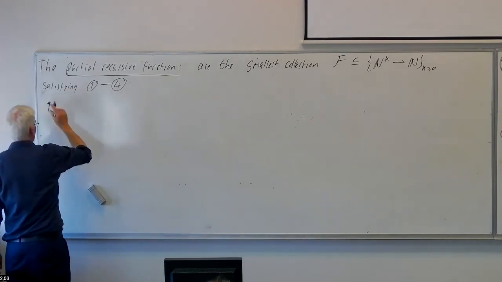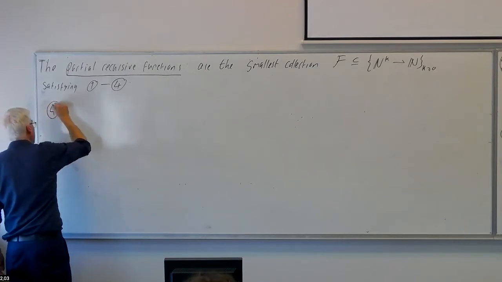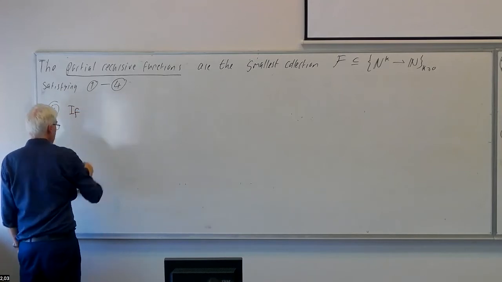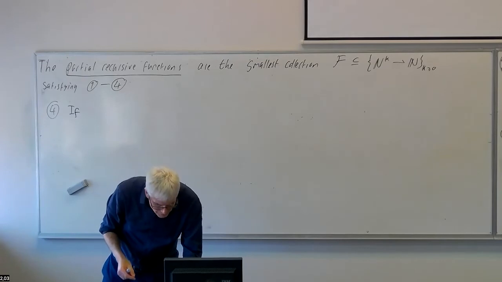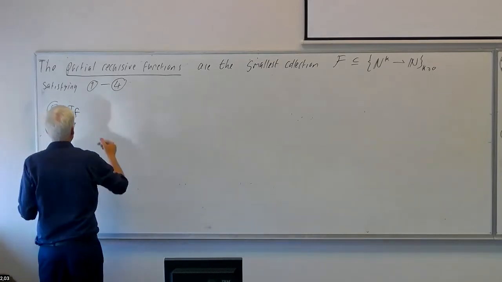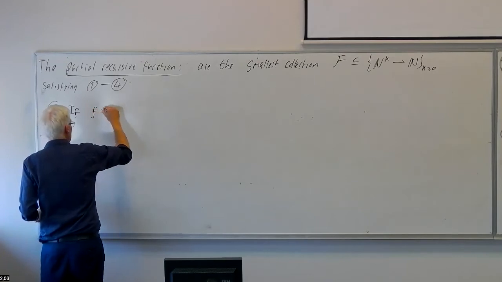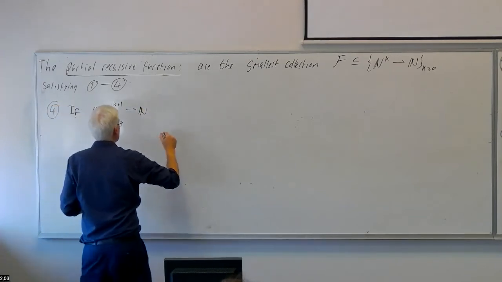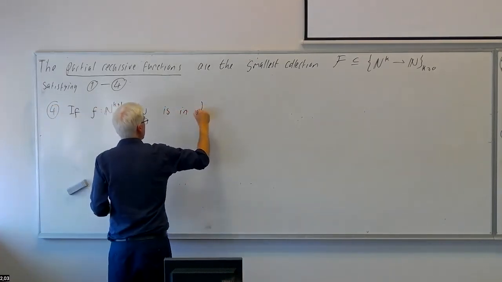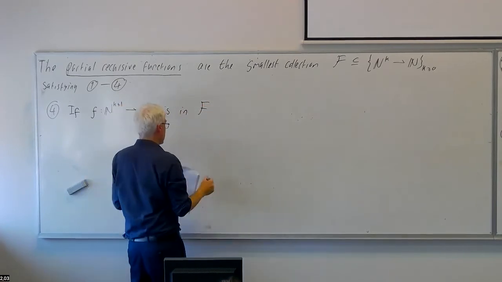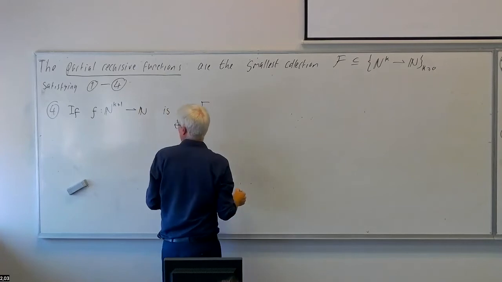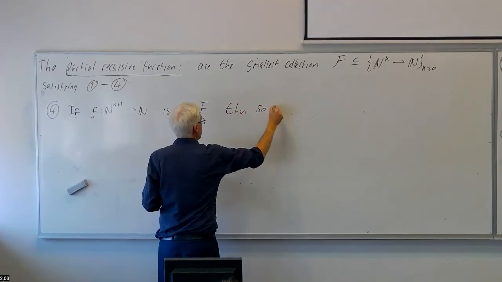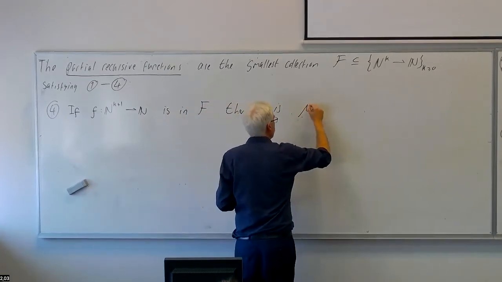So 4, the remaining one to write down, is this. Let me be consistent with my notes here. So if we've got a k plus 1 argument partial function little f in curly F, the collection we're talking about, then so is a partial function we call mu f.